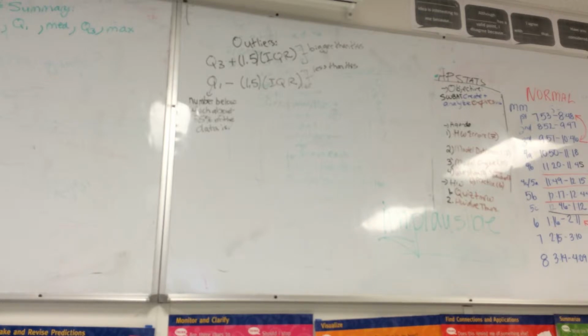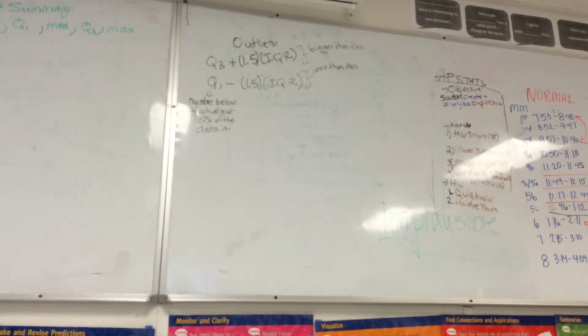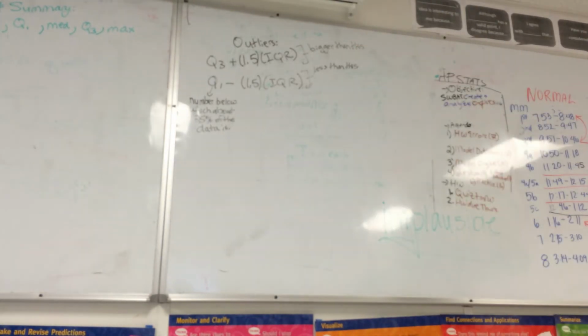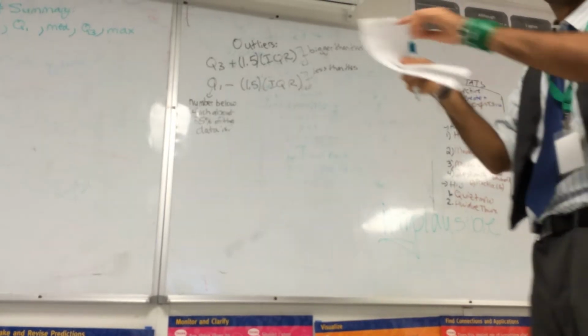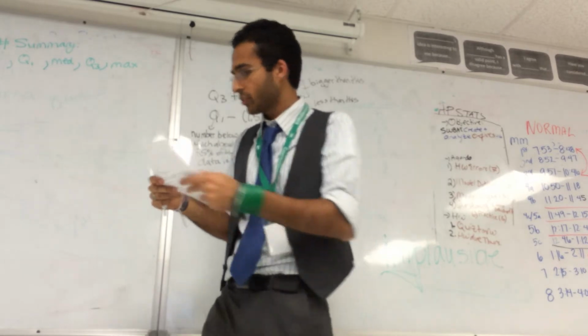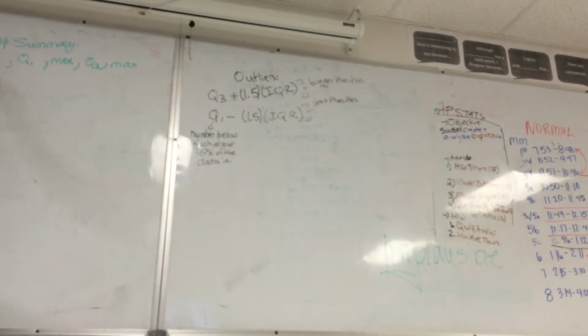Now, what is the minimum from this dot plot? Frida, what is the minimum from the dot plot we give you? Yeah, let's call it about 123.